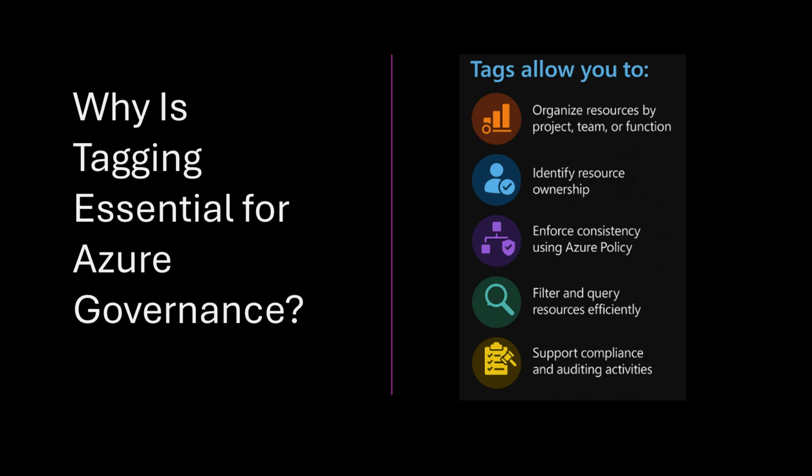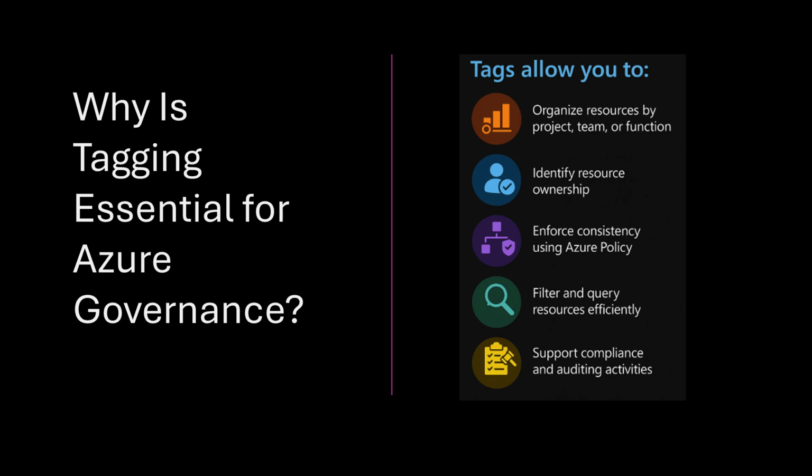Although Azure RBAC does not allow direct access control based on tag values, you can still use tags to design RBAC scopes more effectively. For example, by grouping resources into tag-aligned resource groups, you can assign roles with precision and ensure the right teams have access to the right assets without relying on manual tracking or inconsistent naming.